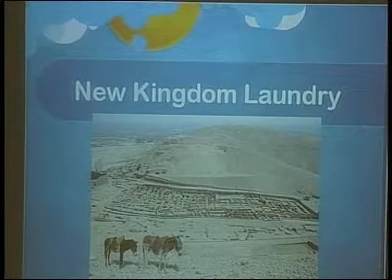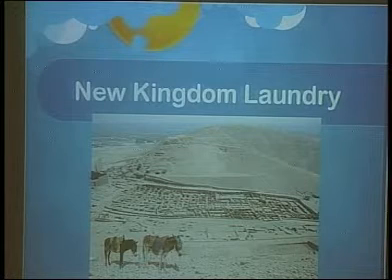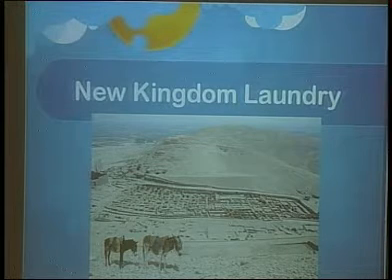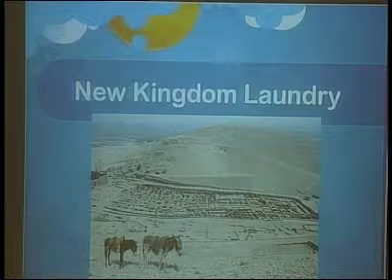Let's move on to the New Kingdom, and the vital information, of course, comes from the artisans' village of Deir el-Medina on the West Bank at Luxor. And here we get a very good idea of how the laundry operated in a desert village. And obviously it had to be a professional activity which was undertaken for the artisans by a distinct group of laundrymen.